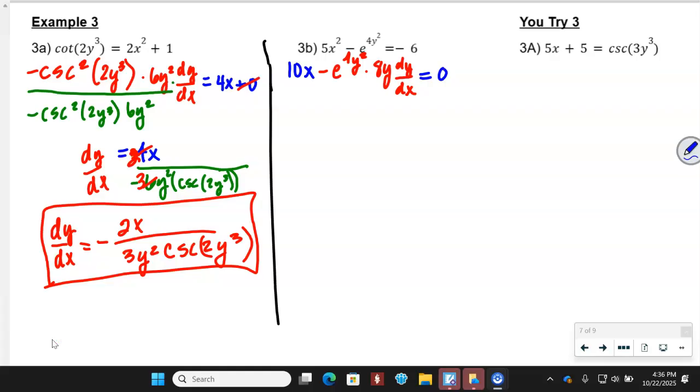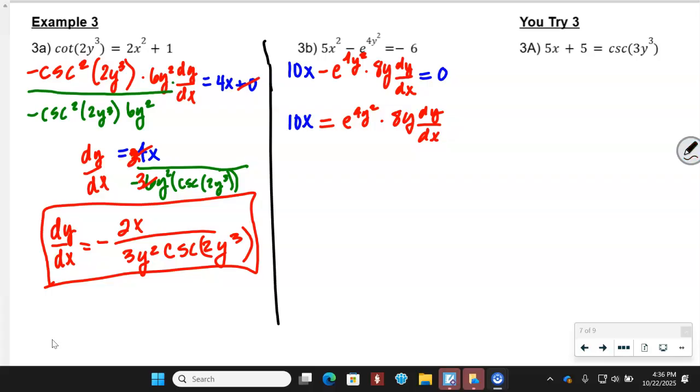So what I'm going to do is leave that 10x on the left, and I'm going to move my negative term to the other side, because then we're going to divide by it. So this is going to be equal to, now it's positive, e to the 4y to the second times 8y dy over dx, right?